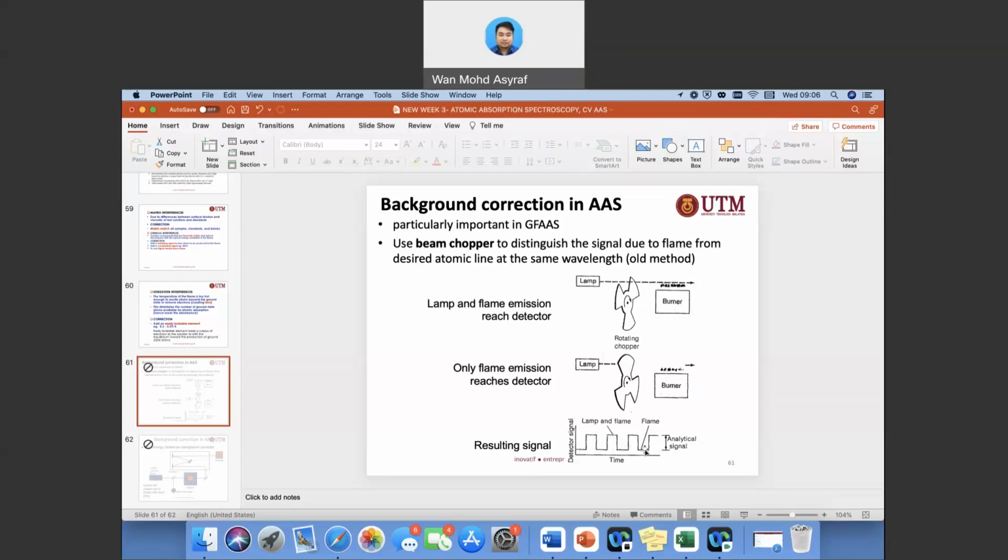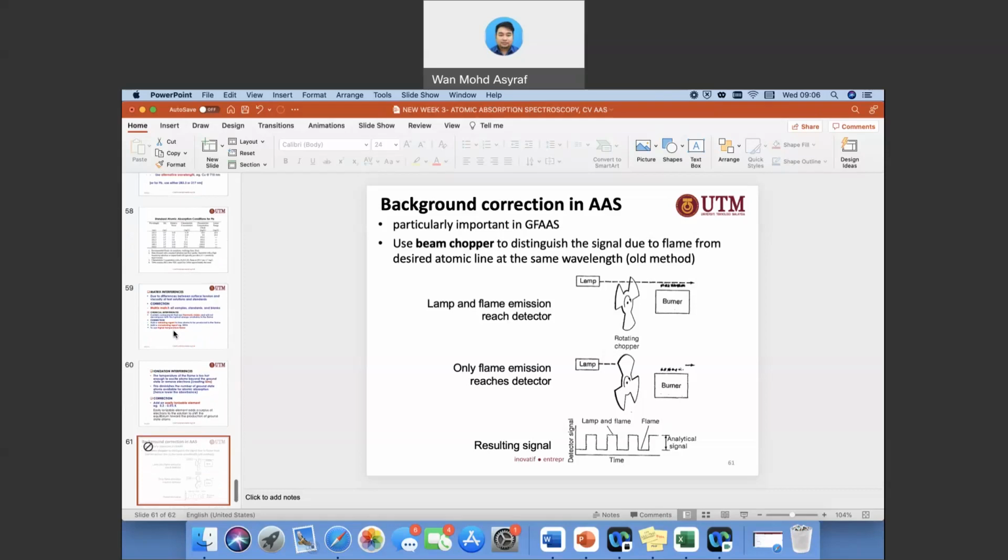This is what we want. We detect both radiations and then one radiation, and we just subtract it. So it will create a result based on the flame only. I hope that explains spectral interferences.